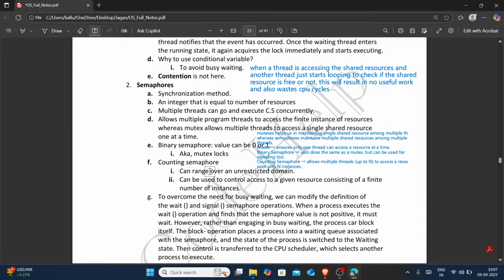However, rather than engaging in busy waiting, the process can block itself. The block operation places a process into a waiting queue associated with the semaphore, and the state of the process is switched to the waiting state.